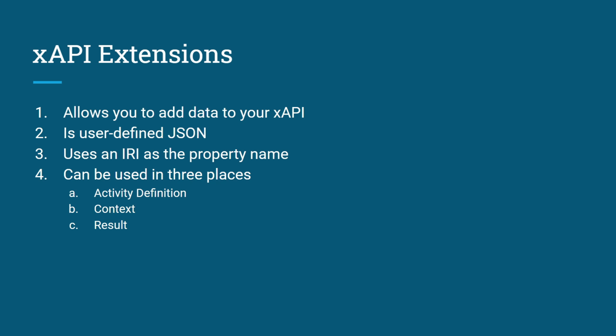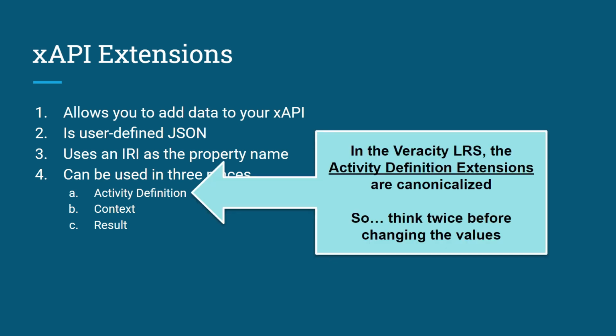A few important considerations. 1, the activity definition extensions in the Veracity LRS specifically are canonicalized. I will link to another video that talks about canonical definitions in the LRS and what we mean by that. But in general, you are describing the activity.